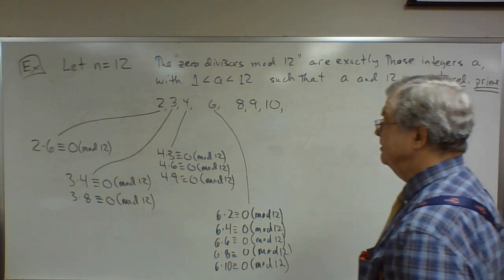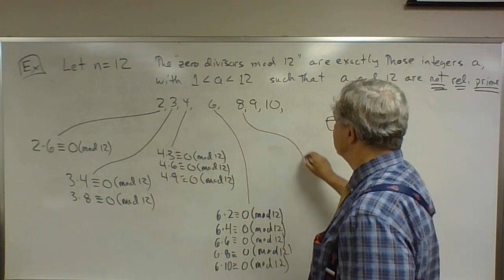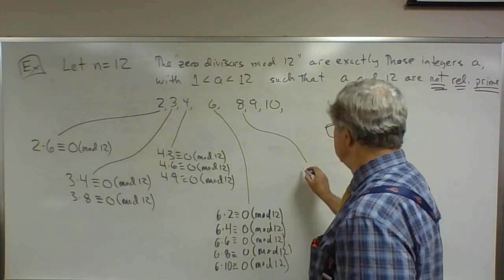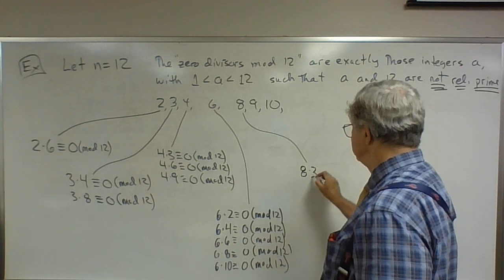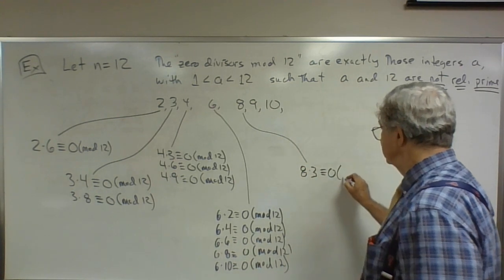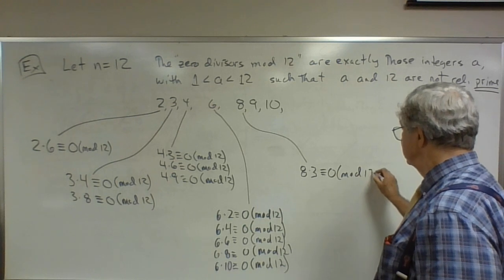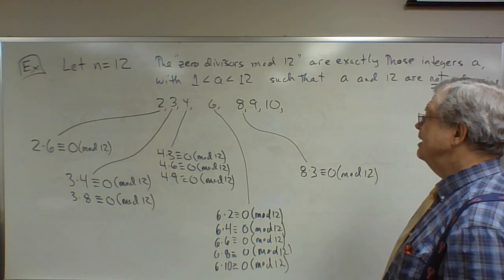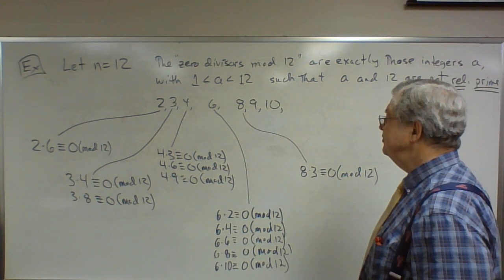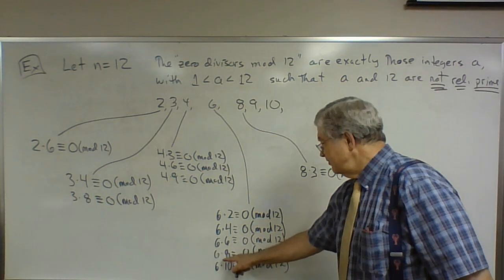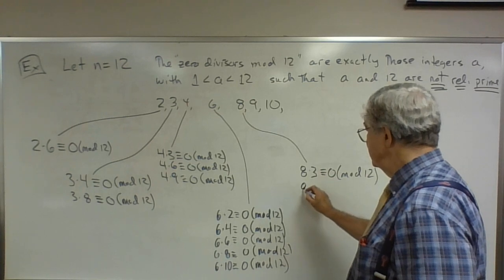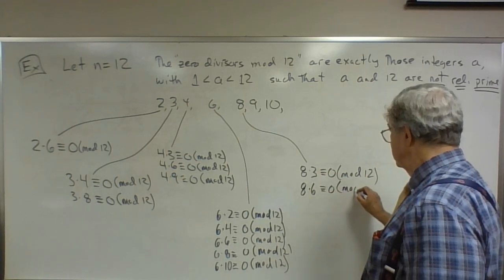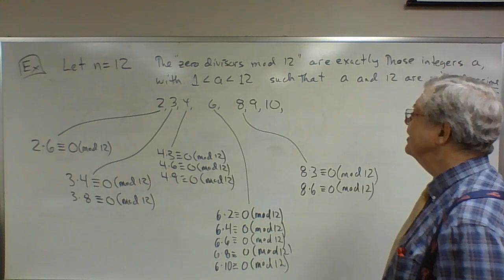And what about 8? Well, we saw that 3 times 8 is congruent to 0 mod 12, so 8 times 3 is congruent to 0 mod 12. And what about 8 times 6? Yep, 6 times 8 is congruent to 0, so 8 times 6 is congruent to 0 mod 12.